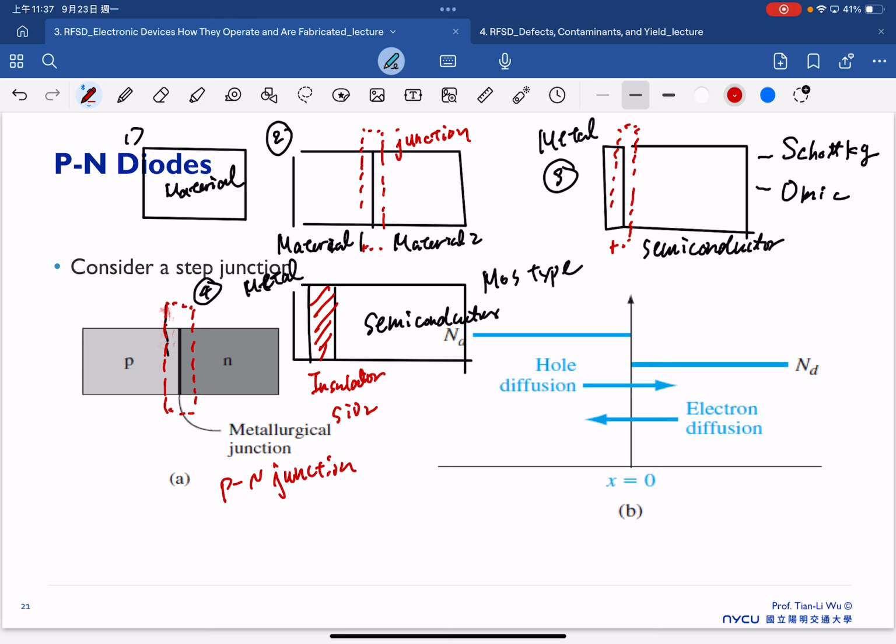The first thing we have to understand is what happens if we only consider diffusion. You may know this from high school physics.